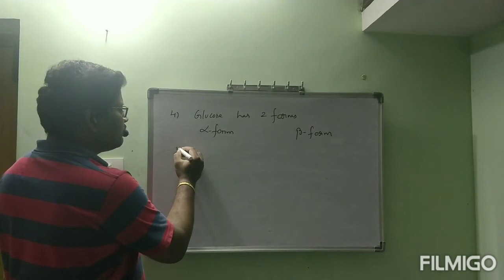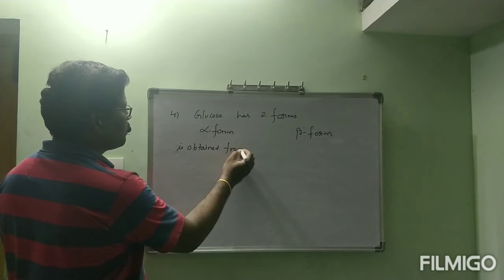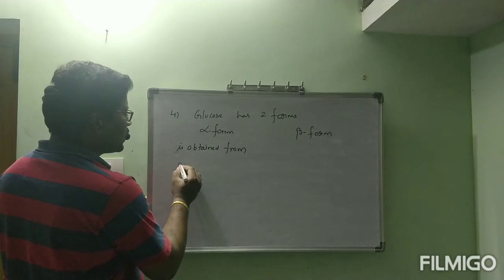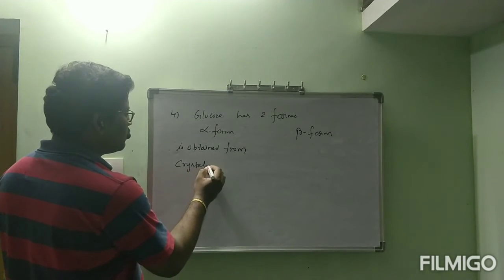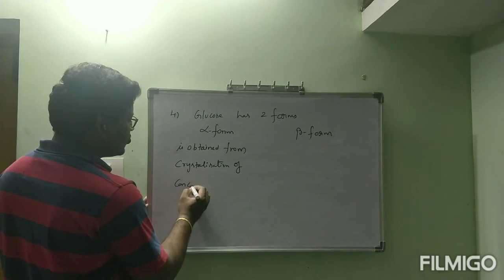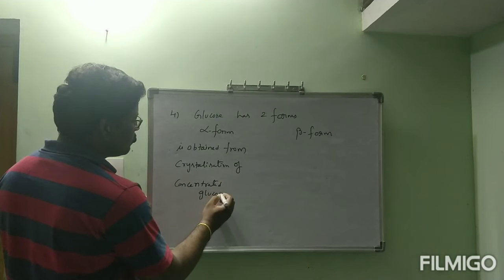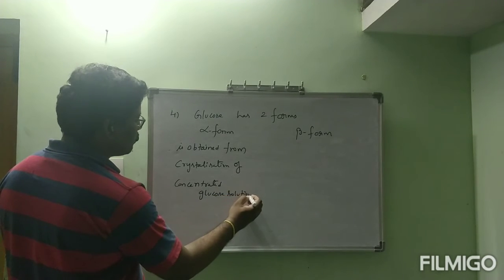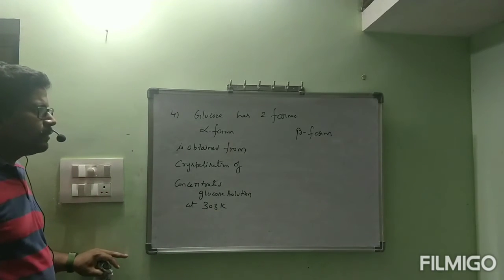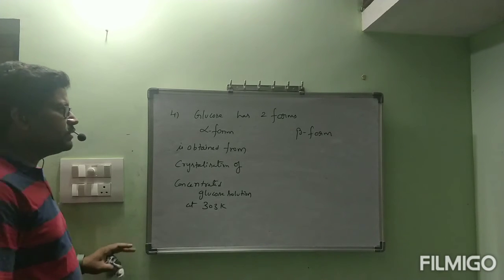Alpha form is obtained from crystallization of concentrated glucose solution at 303 Kelvin.